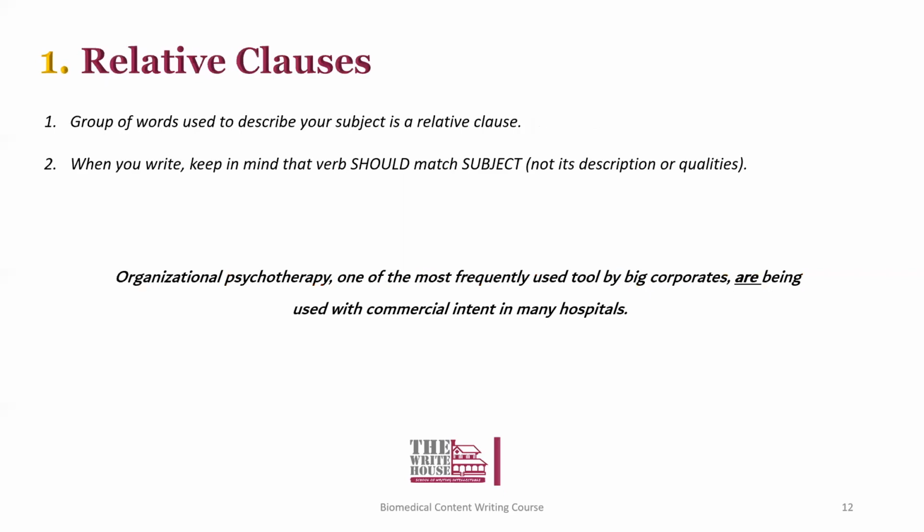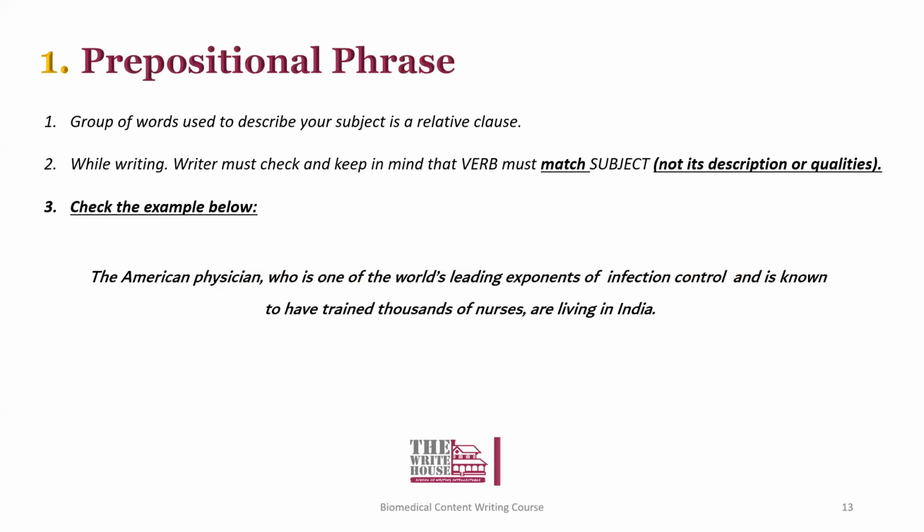So this is how we can easily see that the singular verb goes with the singular subject and the plural verb goes with the plural subject. Now comes the prepositional phrase.